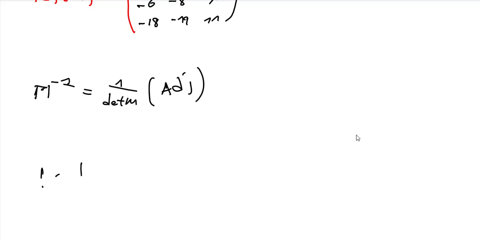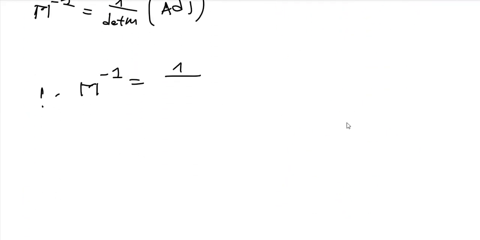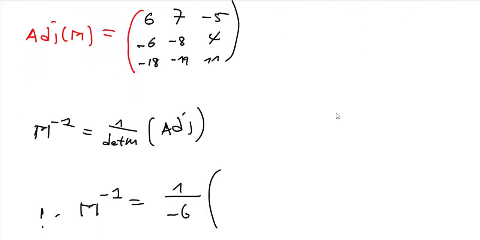Therefore the inverse of our matrix will be equal to 1 over our determinant, which was negative 6, times our adjoint, which is 6, 7, negative 5, negative 6, negative 8, 4, negative 18, negative 19, 11.